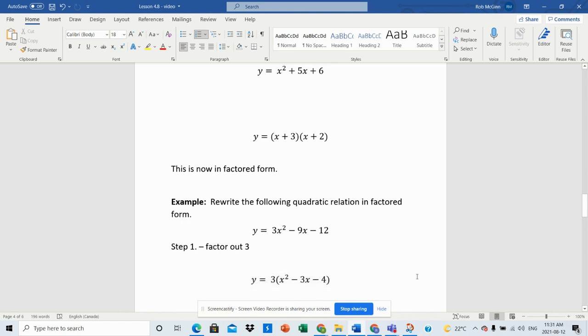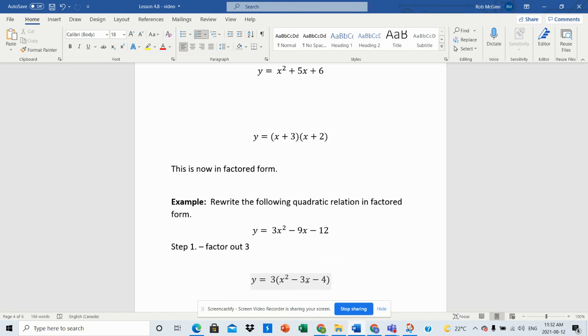Also, if we remember our patterns, since c is negative, negative 4, that means that we have one positive number and one negative number. And since b is negative, negative 3x, that means that our larger number has to be negative and our smaller number has to be positive.